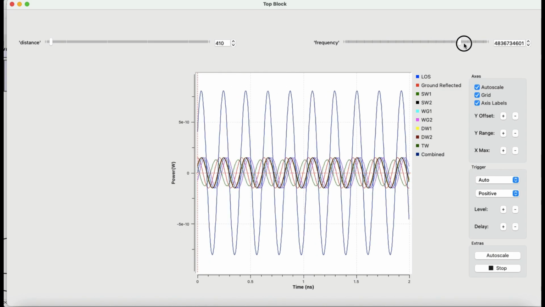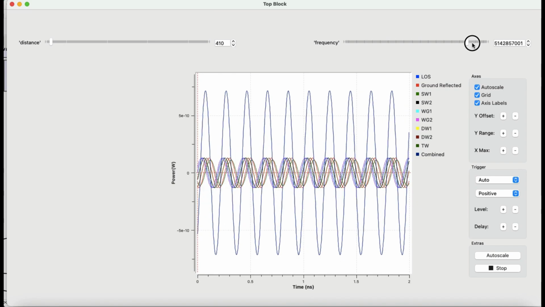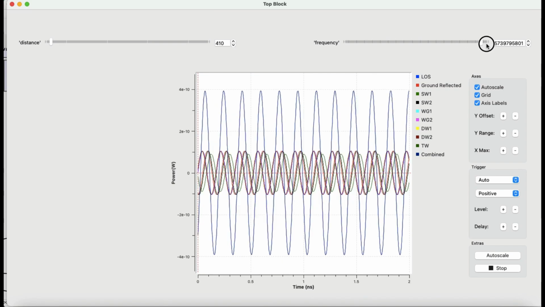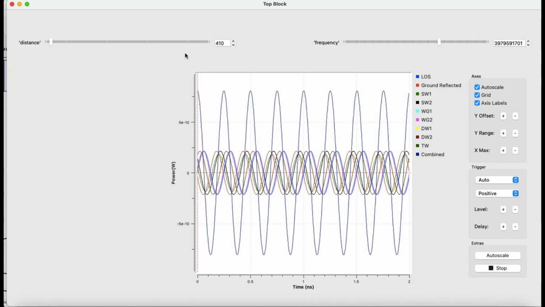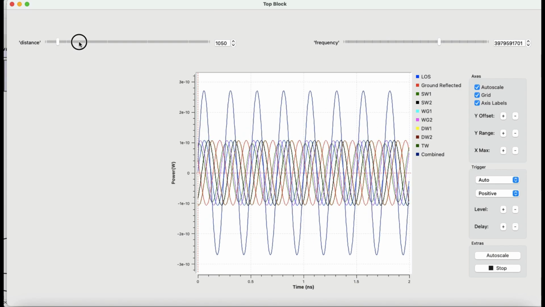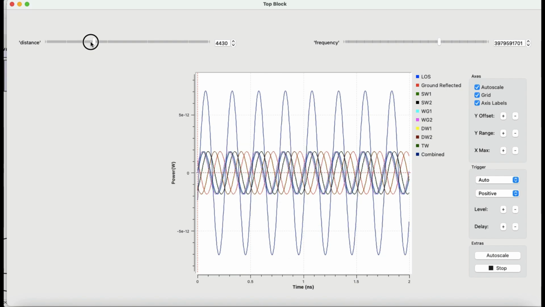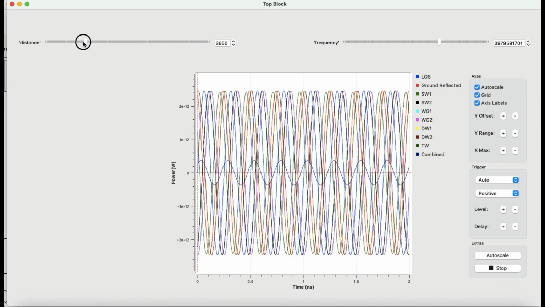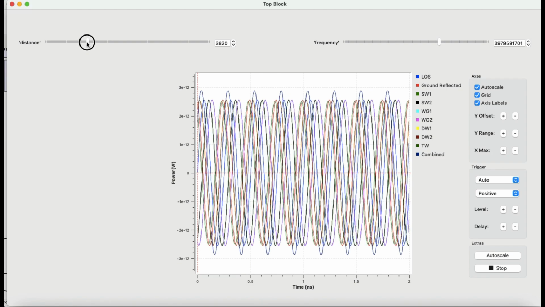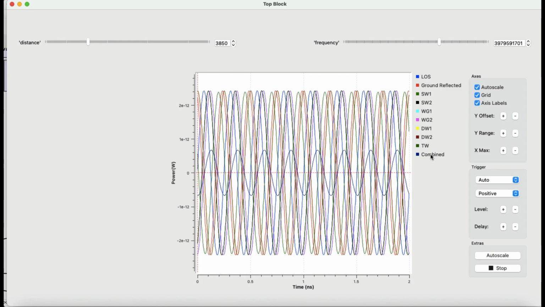Because you have to go really slow on this. Alright, let me just increase my. So this is probably the smallest that I can find in terms of my received signal strength.